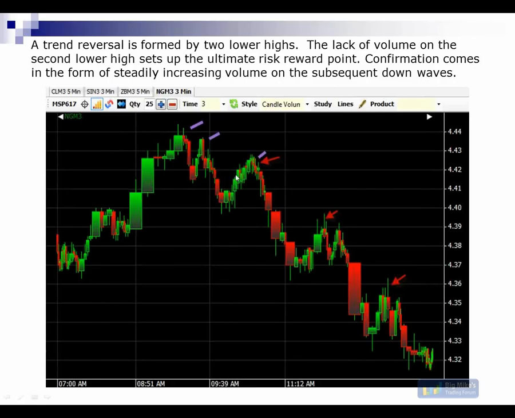And the contraction in the volume on the way up just shows so clearly in this particular case, a real lull.